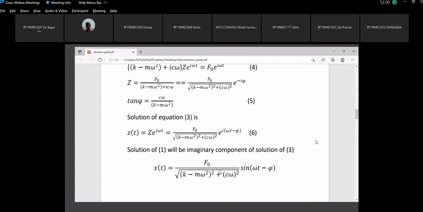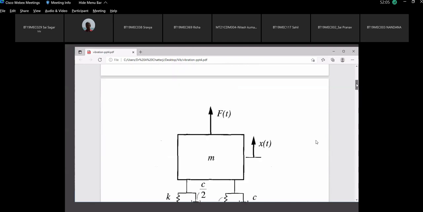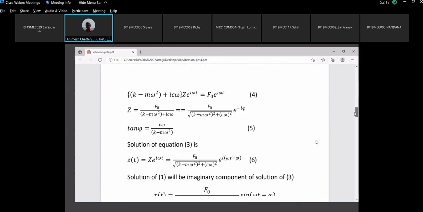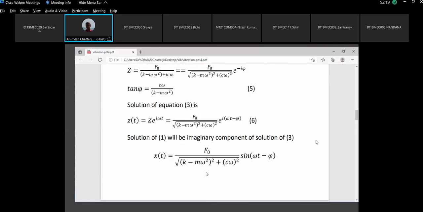See, xt is what? Xt is how the machine will go up and down. Agree? Xt is how the machine will vibrate in the vertical direction. And we have got a mathematical description of that vertical motion.